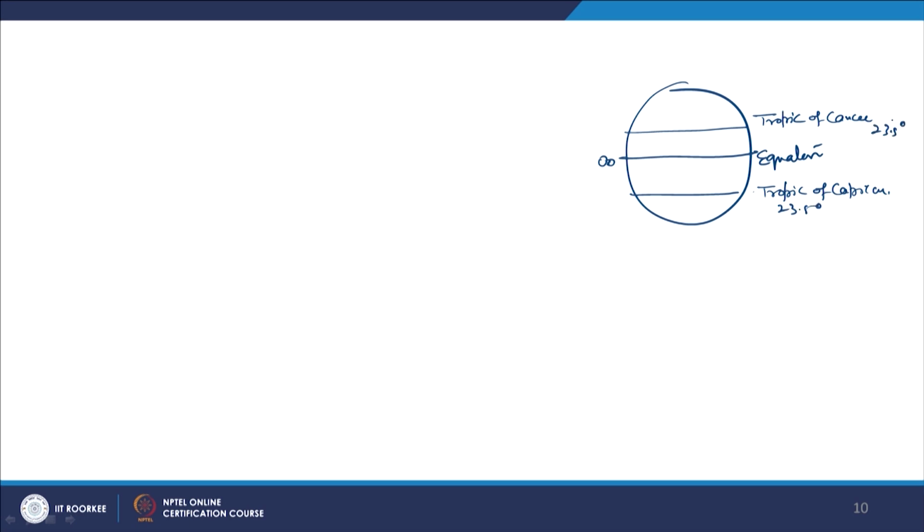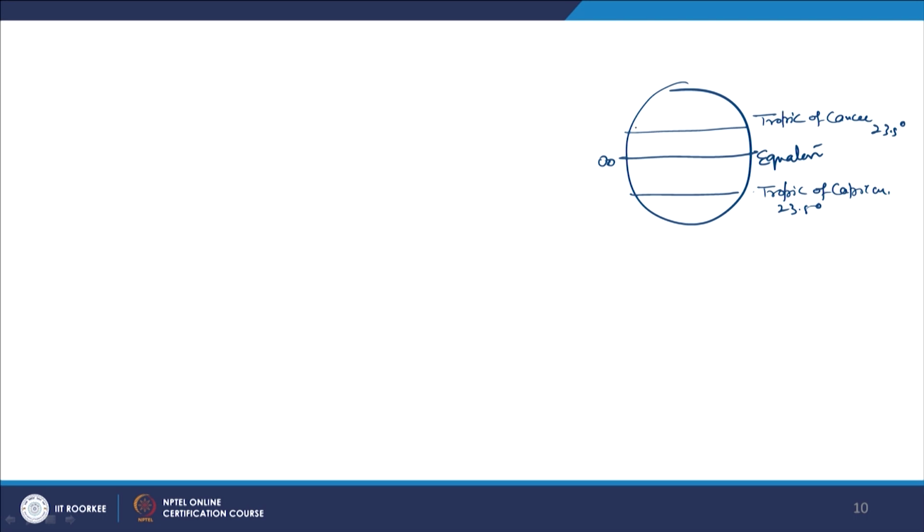Earth has the equator, which is 0 degrees. Then it has the Tropic of Cancer and the Tropic of Capricorn, at 23.5 degrees.